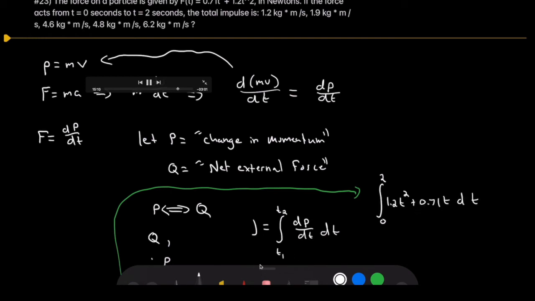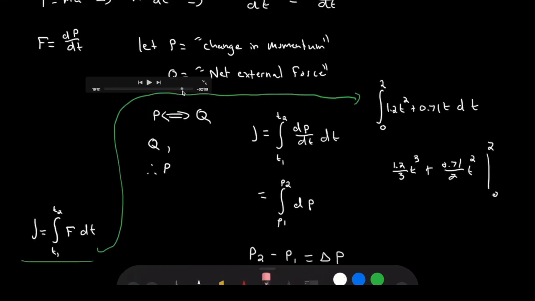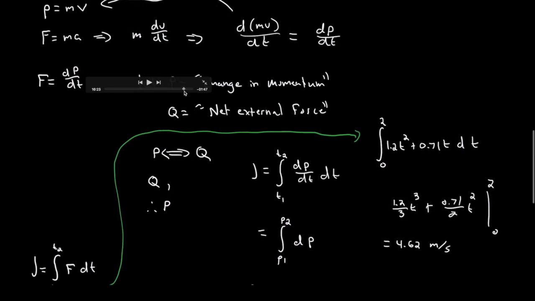Let's jump ahead. Here we go. So then I throw that into a calculator. We get 4.62 kilogram meters a second.